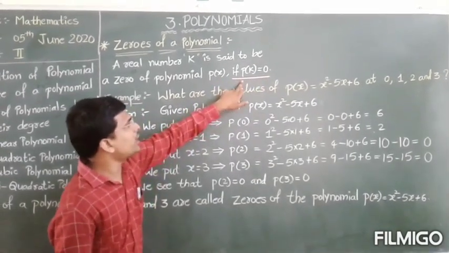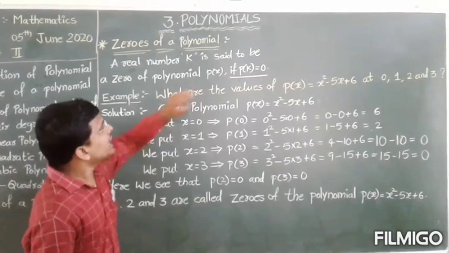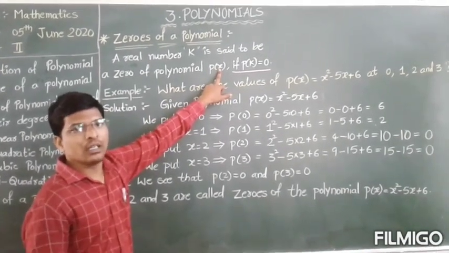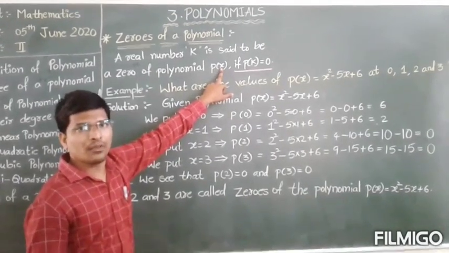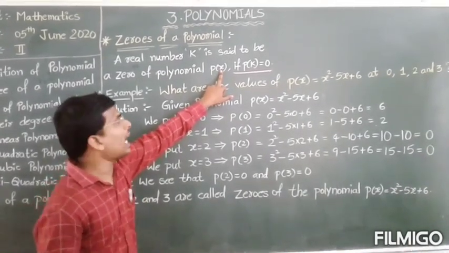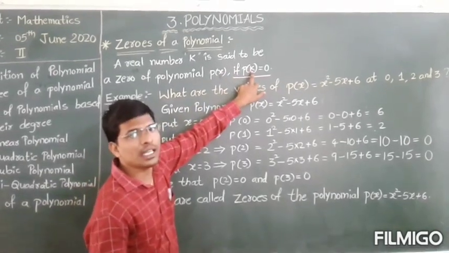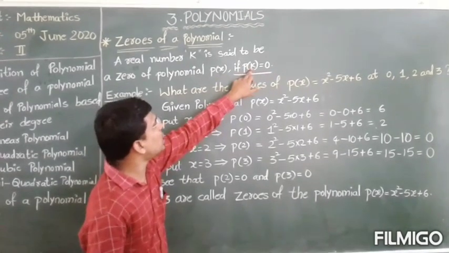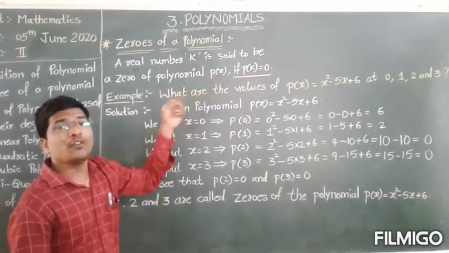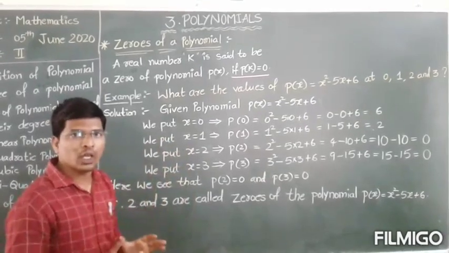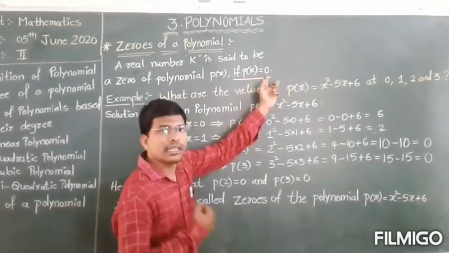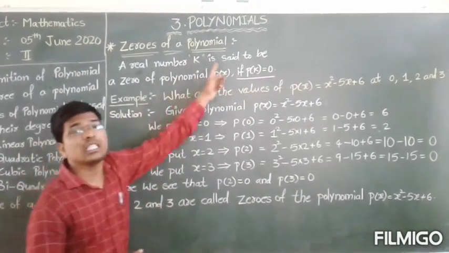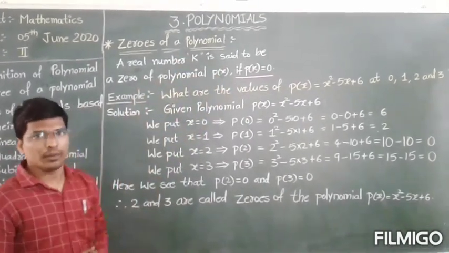I have underlined the statement here because in a polynomial P(x), in the place of x I am replacing with k. k is a real number. Everywhere I am substituting the k value in the place of x. If I get the whole polynomial value equal to 0, then I can say k is a zero of the given polynomial.